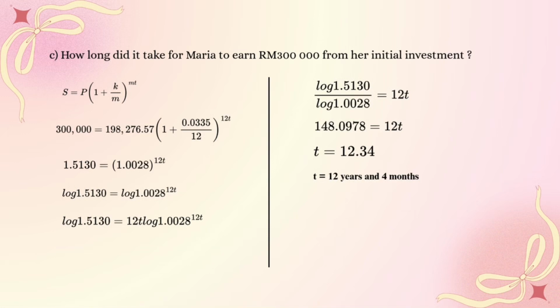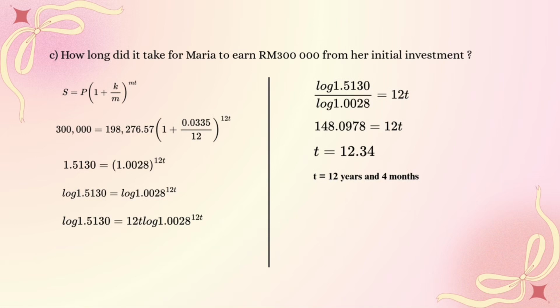To solve for t, we take the logarithm on both sides. So it gives us log 1.5130 equals log 1.0028 to the power of 12t. Using log rules, the exponent comes down, so it becomes log 1.5130 equals 12t times log 1.0028.